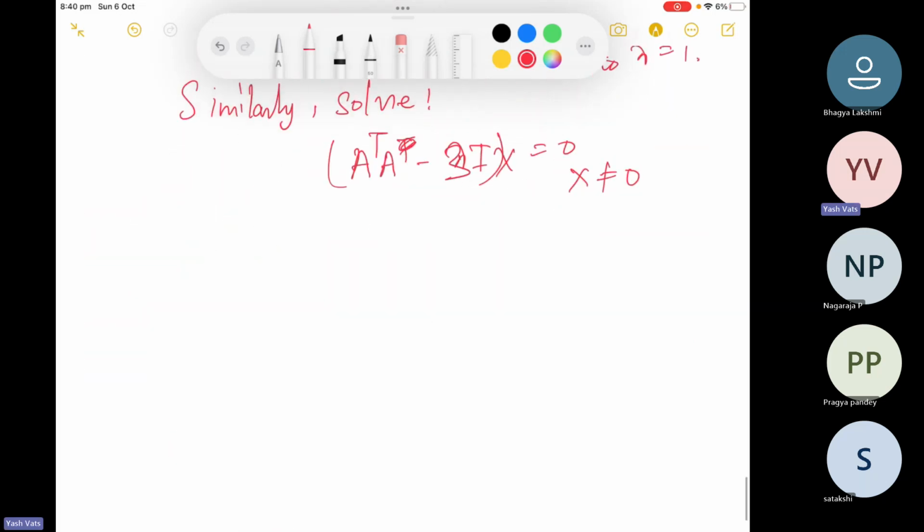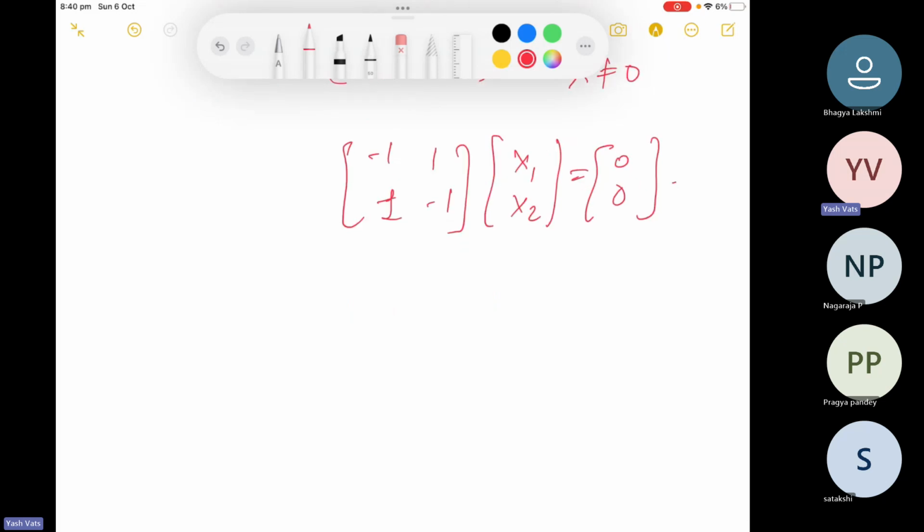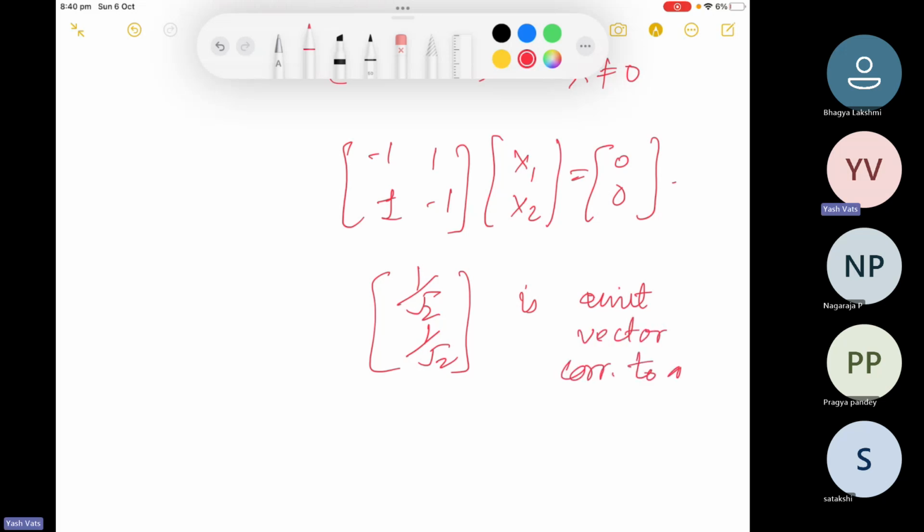After getting it, minus 1 1 1 minus 1, with x1 x2. So what is x1 x2 in this case? 1 1. So I will take the norm and divide by the norm. So that will be the unit vector corresponding to lambda equals 3, right?